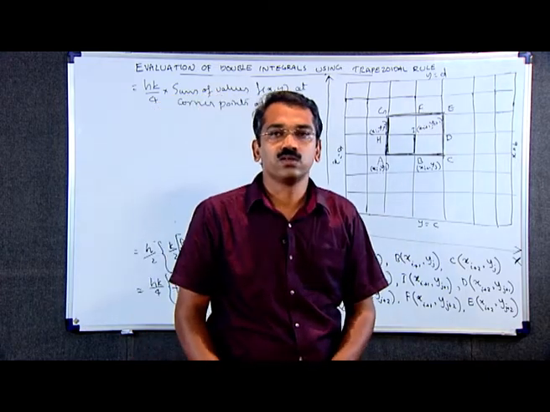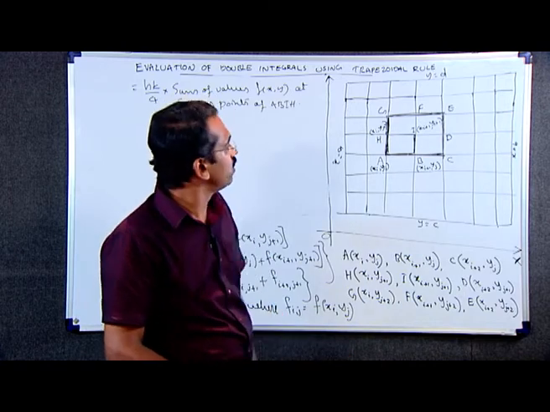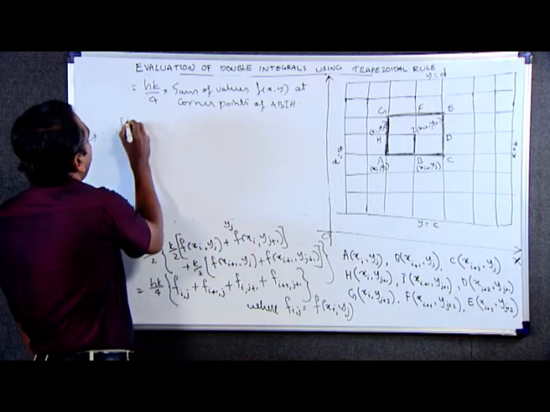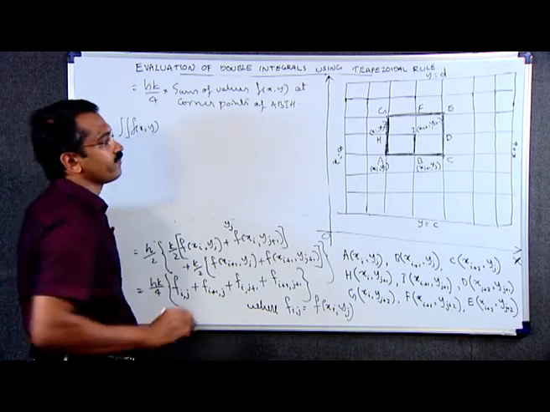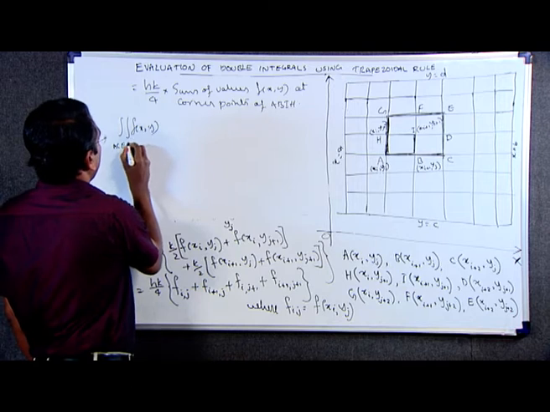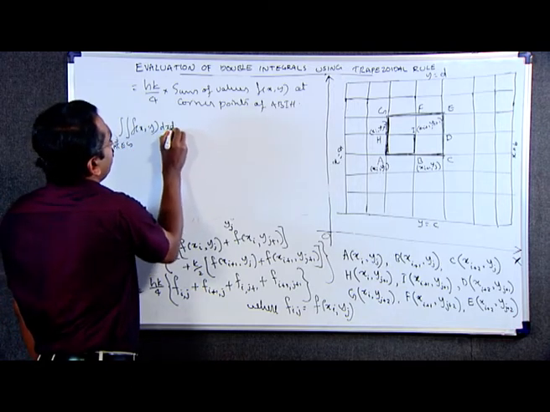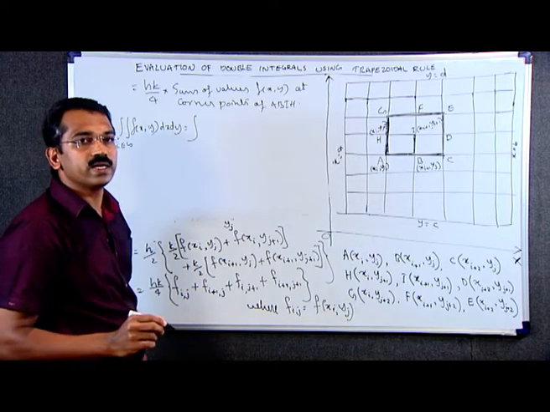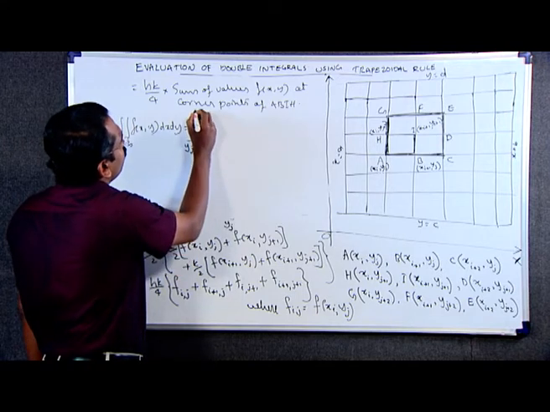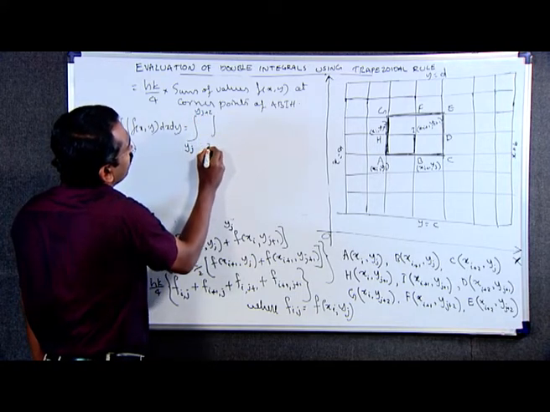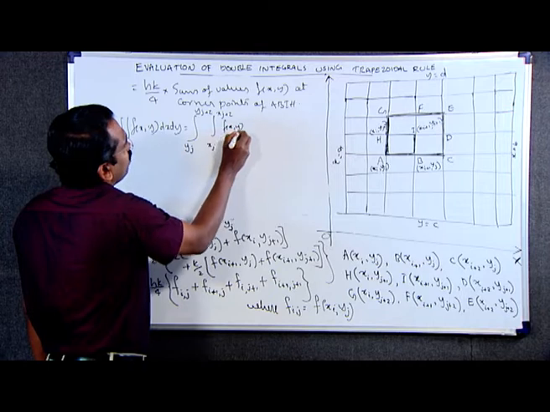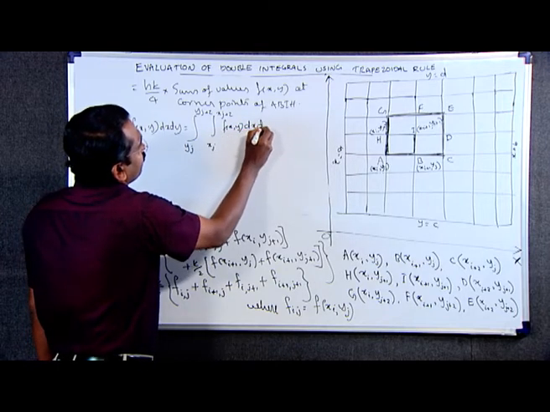and in order to get the required value of the double integral, we add all these values, that is the double integral of f of x comma y over this rectangle A C E G dx dy, which is equal to the integral from yj to yj plus 2, integral from xi to xi plus 2, f of x comma y dx dy.